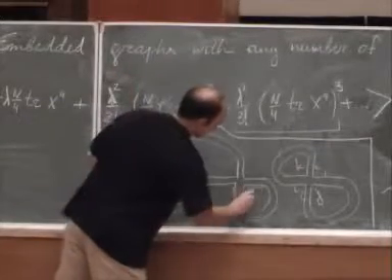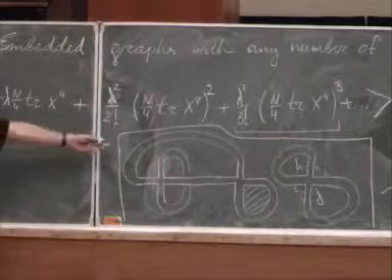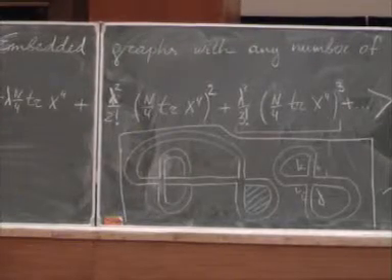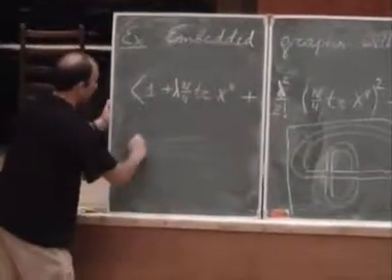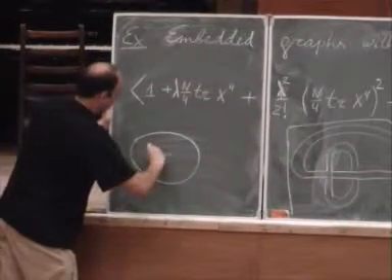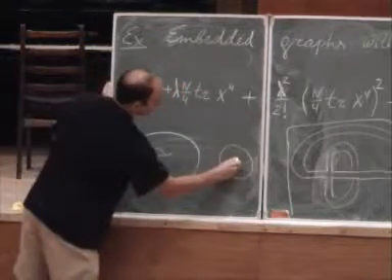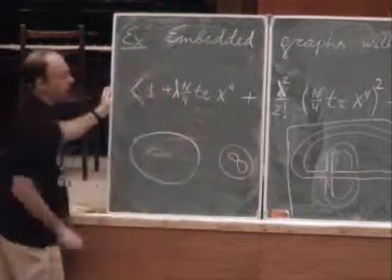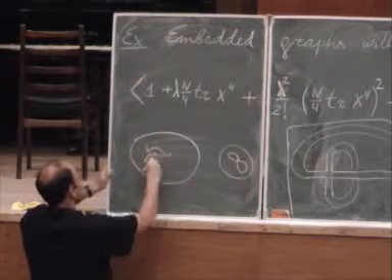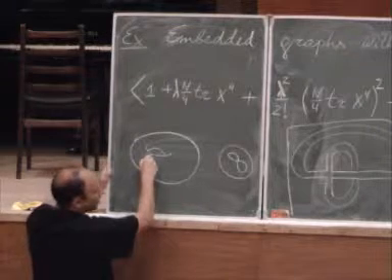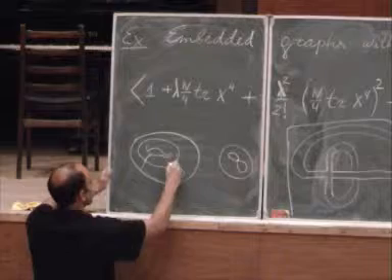And then I obtain a graph embedded into a surface, but it is not a connected surface. So in this case, I will obtain a graph embedded into a surface that is a union of a torus and a sphere, with a graph like that in the sphere, and a graph like that in the torus.